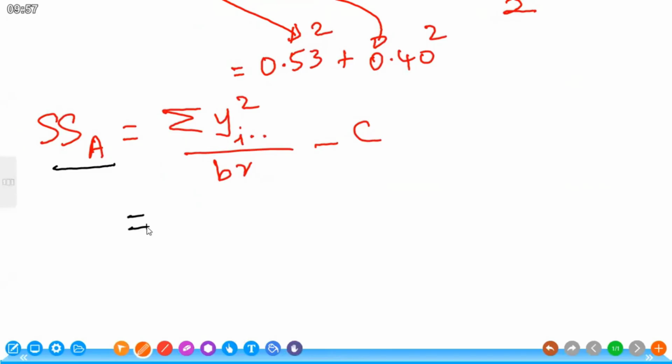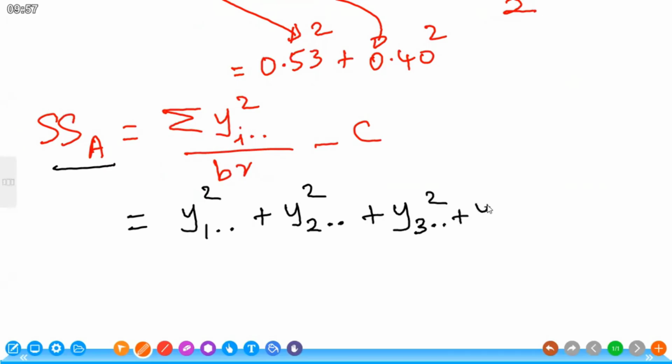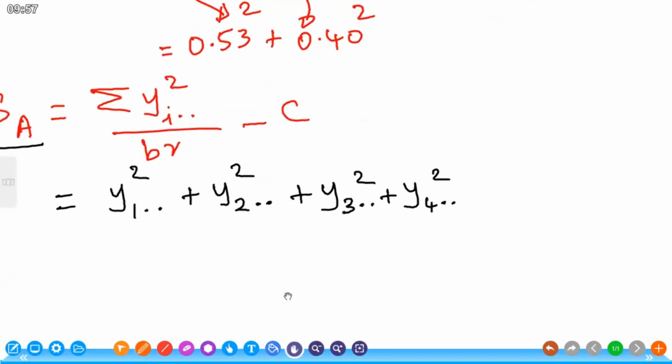This is actually y1 dot square plus y2 dot square plus y3 dot square plus y4 dot square. What is y1 dot?